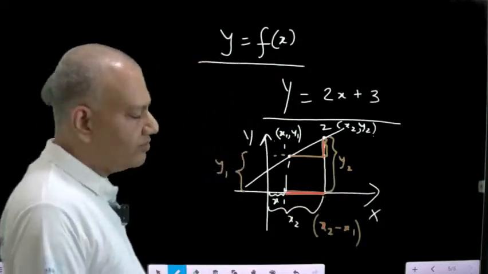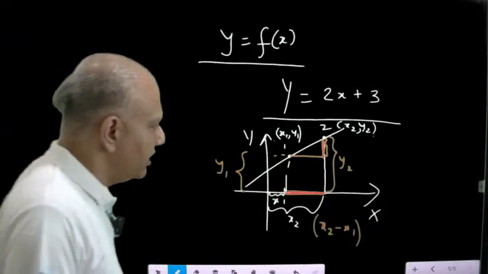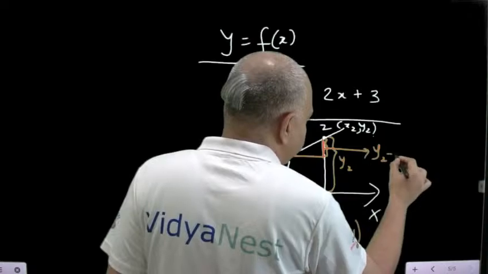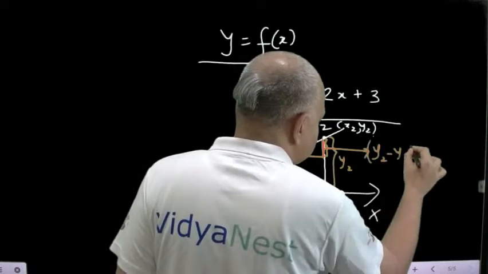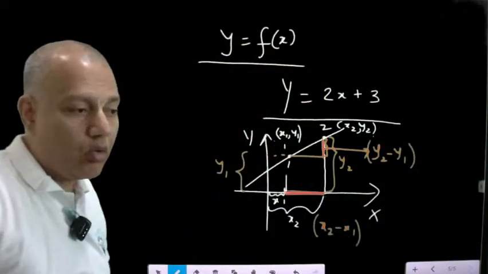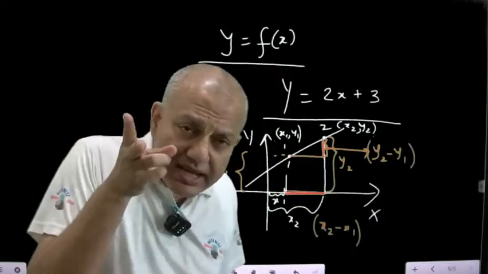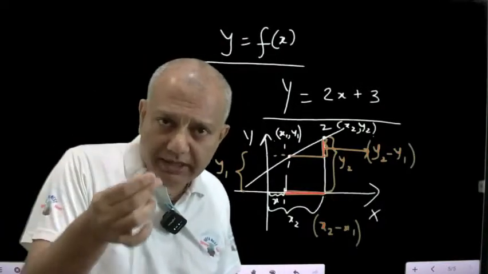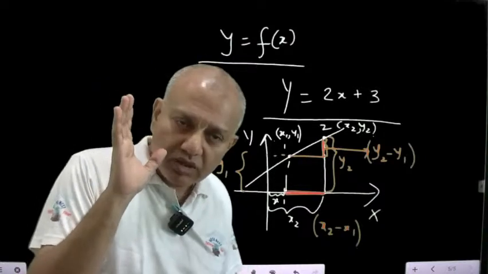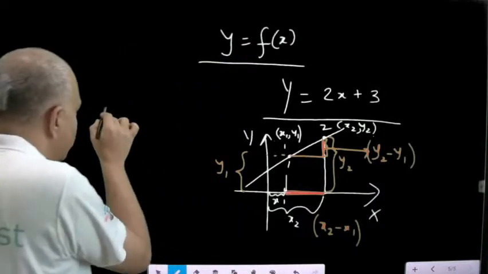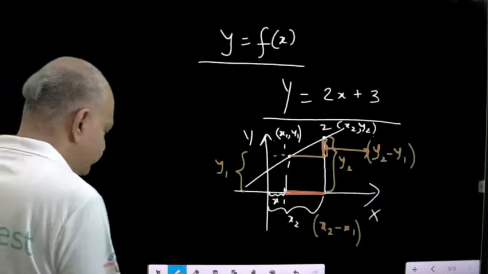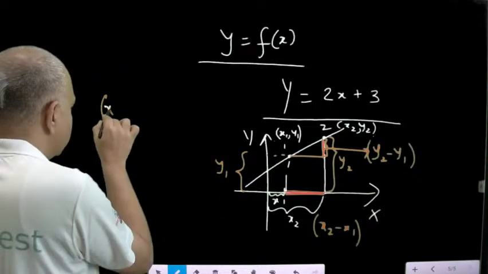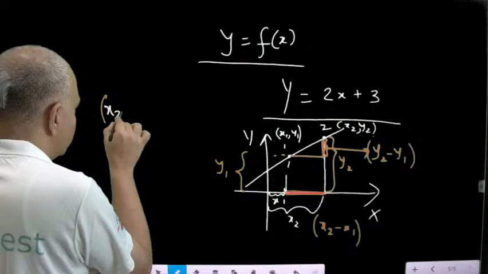This much is the change of phi. So what is the value of this change? This one is y2 minus y1. Now what we require is the rate of change of y with respect to x. Due to the change of x, what is the change of x? x2 minus x1.